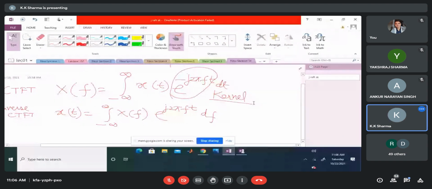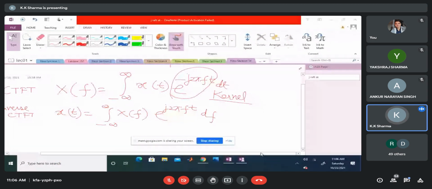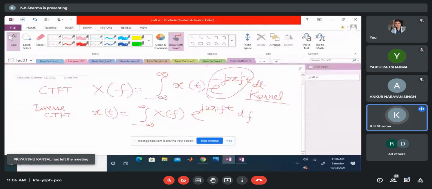So in the definition of the forward transform, it is e to the power minus j 2 pi ft, and the kernel in case of the inverse transform has a positive sign. Otherwise, one and the same thing.